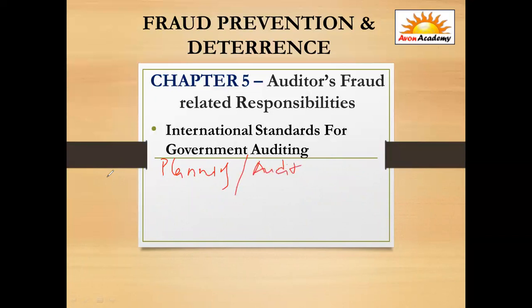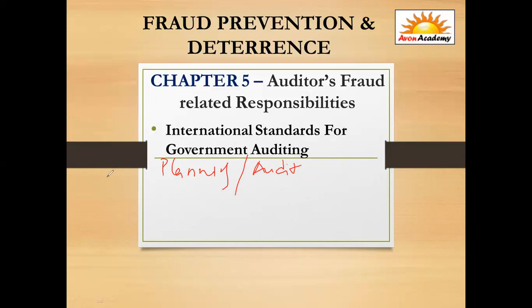Here, the major aspects they have covered are: auditors should ensure that the terms of the audit have been clearly established, during the engagement letter stage. Second, auditors should obtain an understanding of the nature of the entity or the program to be audited, like what exactly the nature of the work will be. Third, auditors should conduct a risk assessment or problem analysis and revise this as necessary in response to audit findings.